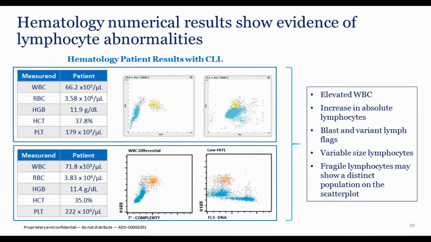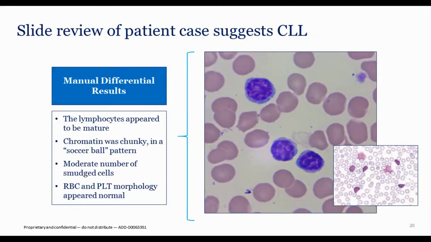And often these patients will have smudge cells on the peripheral blood smear. And on some analyzers, these smudge cells may have an increase in fluorescence. Not every analyzer will have these, but we can look for an increase in fluorescence and also identify some of these smudge cells.